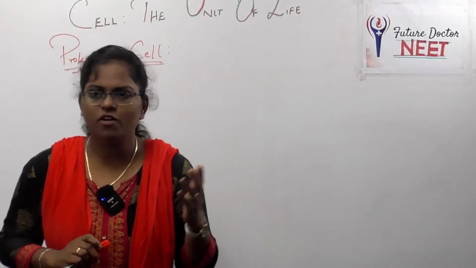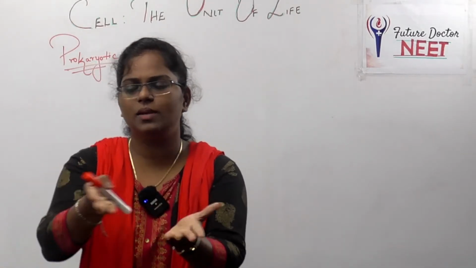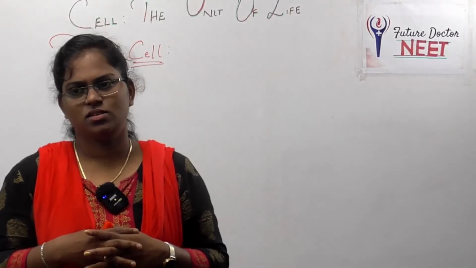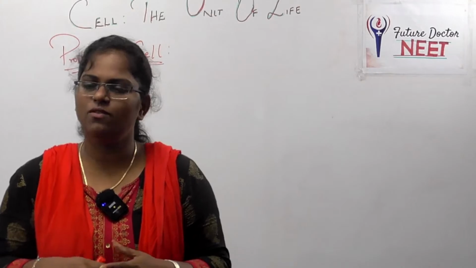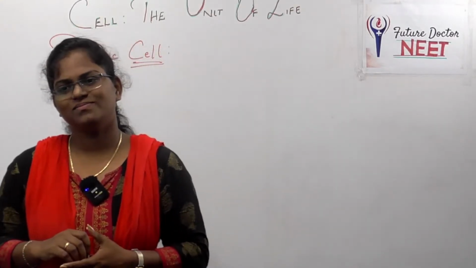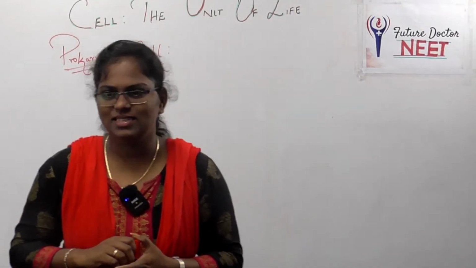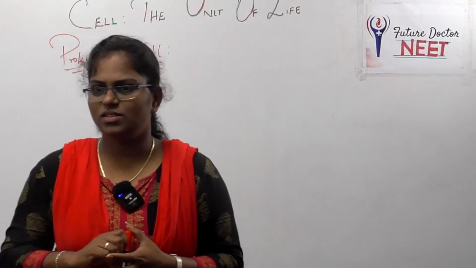Bacteria is one type of prokaryote. Apart from bacteria, what are all the things in prokaryotes? Apart from bacteria, give one example for a prokaryotic cell. Yeast, very good. Okay, yeast, amoeba, these are all the things.